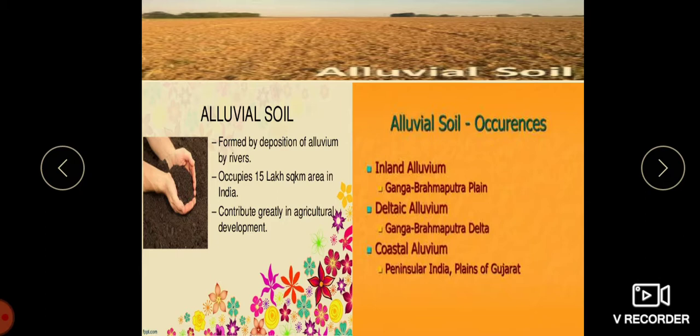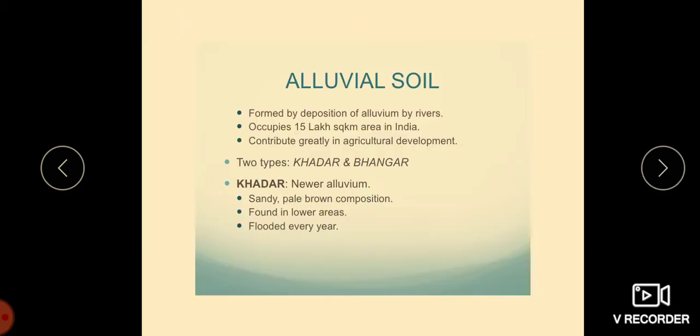The main crops grown are paddy, sugarcane, cotton, jute, potato and vegetables. We have two types of alluvial soil: one is Khadar and the other is Bhangar. Khadar is a newer alluvial.